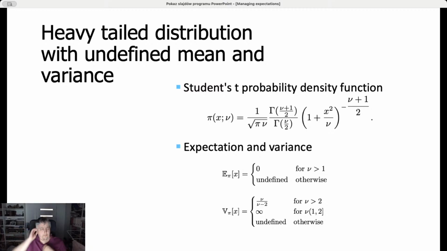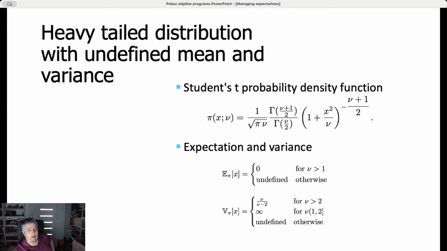This distribution arises in certain statistical tests regarding normal distribution, but it's also often used, for example, in so-called robust regression, which we'll talk about later, because it is much more robust with respect to outlier values.